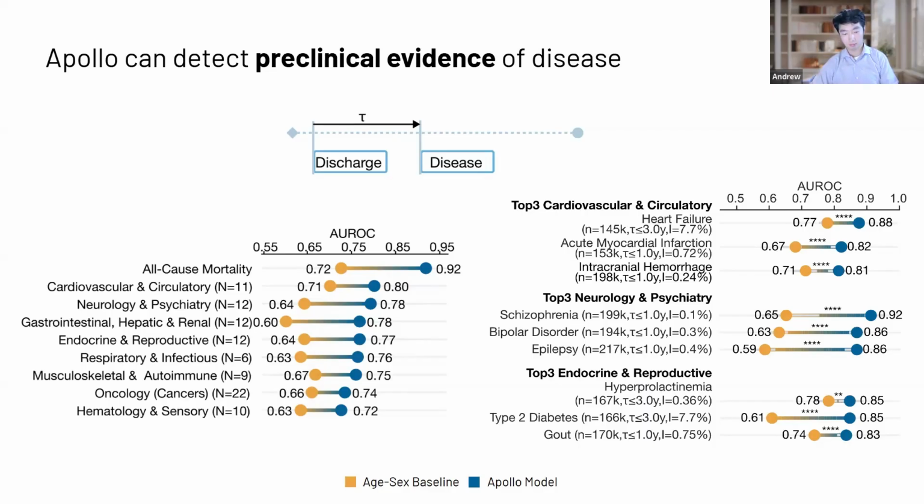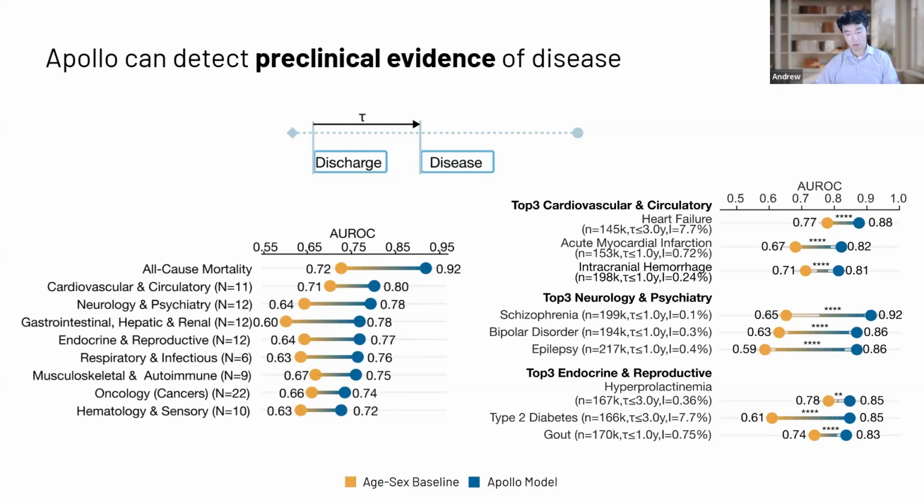To make sure our model's not just learning the easy factors like age and sex, we have this simple baseline, which is in orange here. This is just showing how much performance you could get using just the most basic demographic factors.